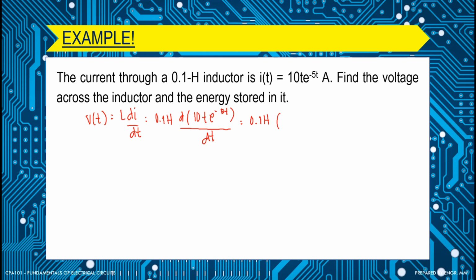The derivative is 10 e^(-5t) plus 10t times e^(-5t) multiplied by negative 5.